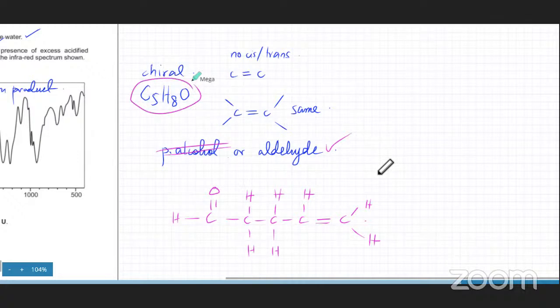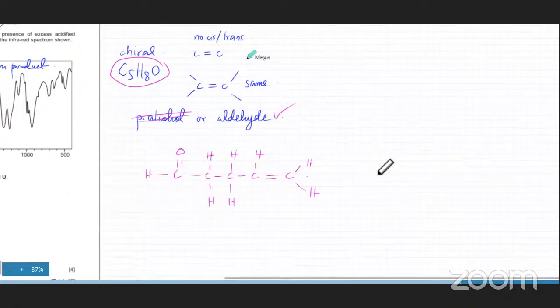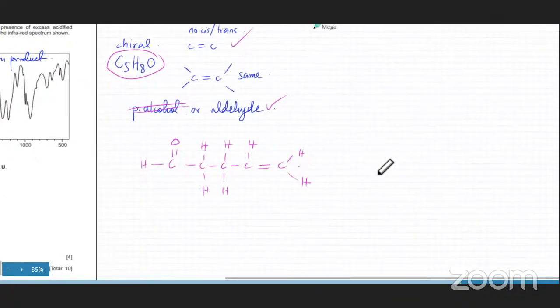Yes. So no cis trans, that's met. Okay, that's done. Aldehyde, I've figured that out. No cis trans, that's figured out. But they're saying that it's going to be chiral as well. So the same thing, try and make this chiral. At the moment, it's not a chiral molecule.